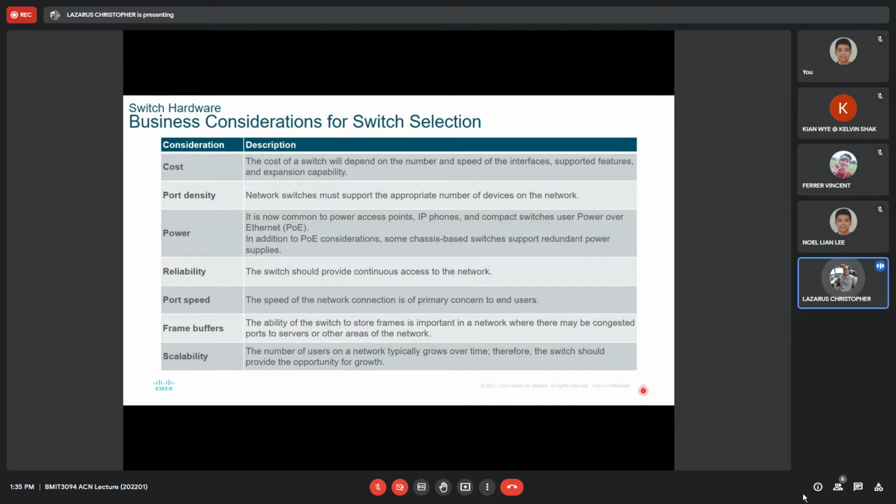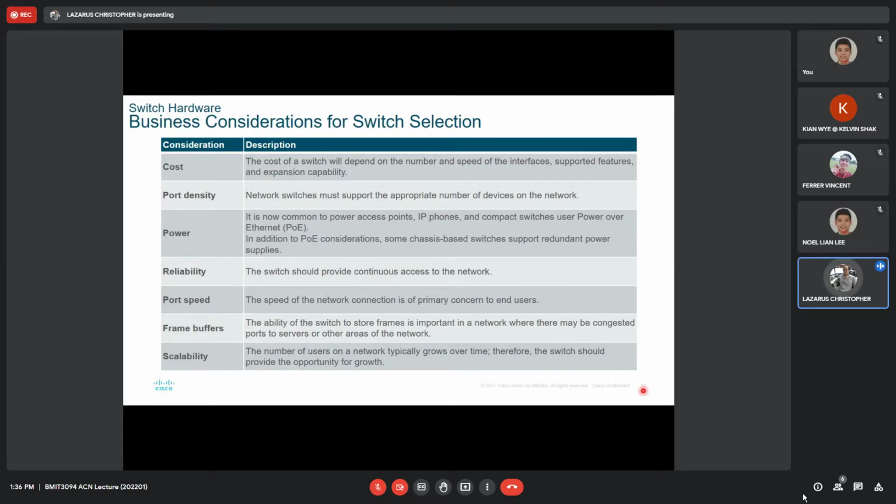Then what other supported features are available, and whether it's fixed or modular. Modular means it has expansion capability, which future-proofs you, so maybe the cost of that particular model will be more expensive.